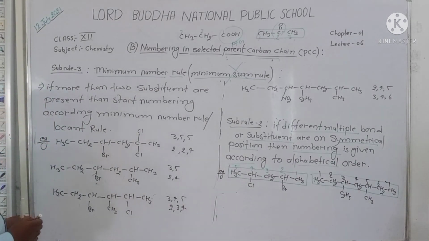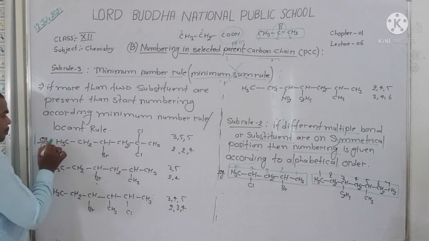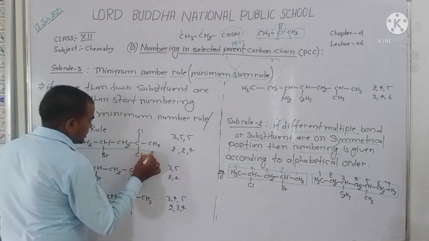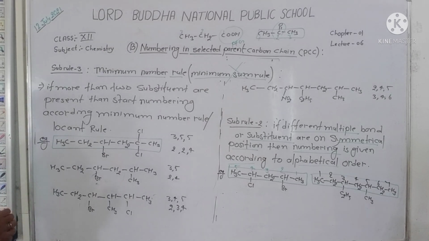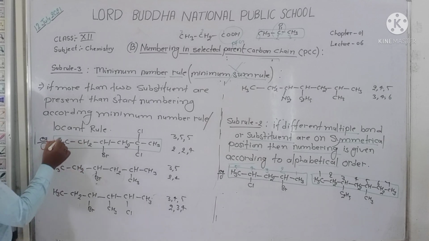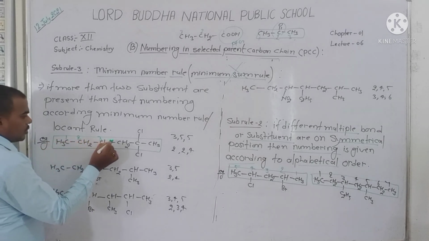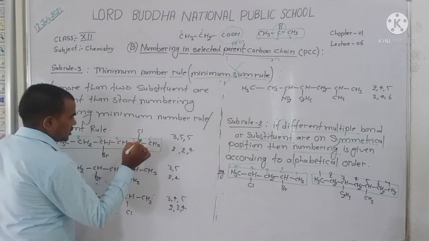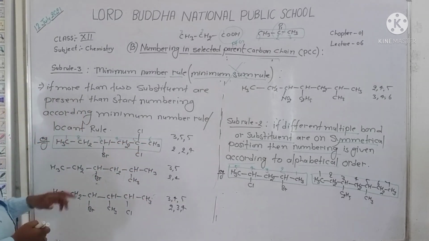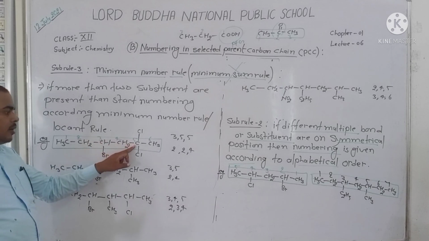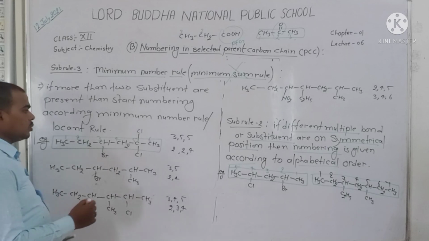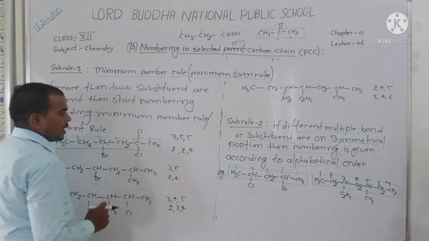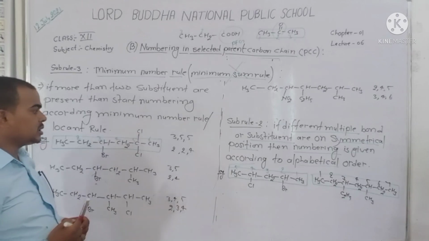Dear student, here is a parent carbon chain, PCC. If you start counting from here, 1, 2, 3, 4, 5, 6, then you get 3, 5 and 5 positions of substituents. So at the 3, 5, 5 positions substituents are present.